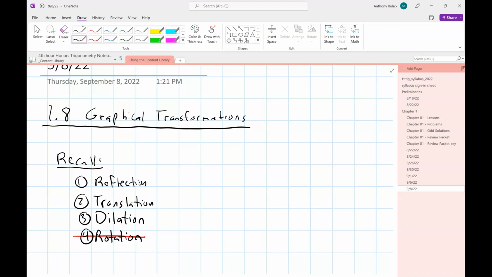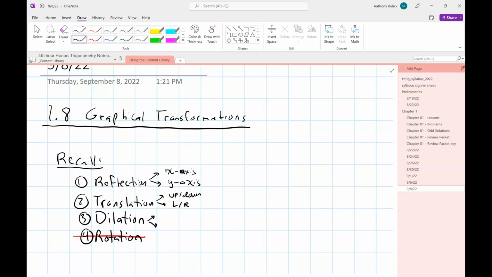All right. Reflection. We're only going to worry about 2 types of reflections. What do you suppose they are? Yeah, so across the x-axis and y-axis. You got it. And translations, what are we doing there? Up, down, or left, right.